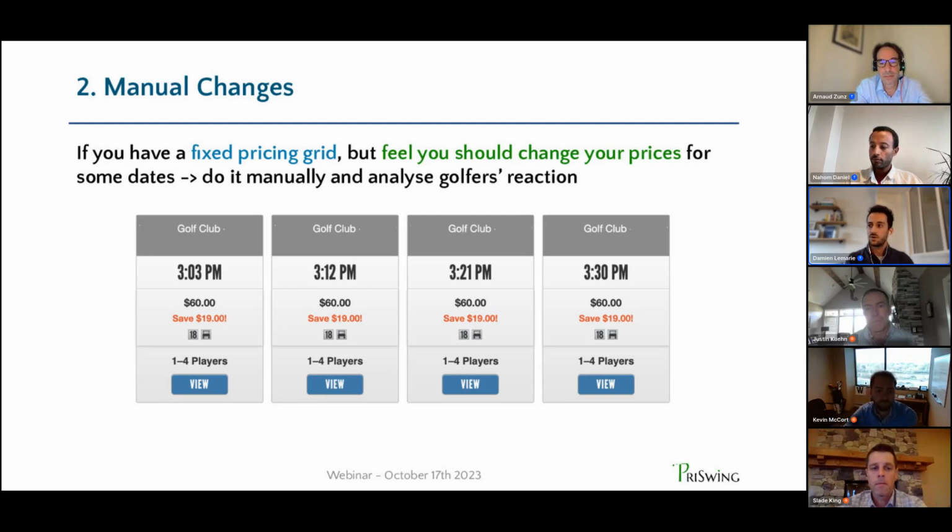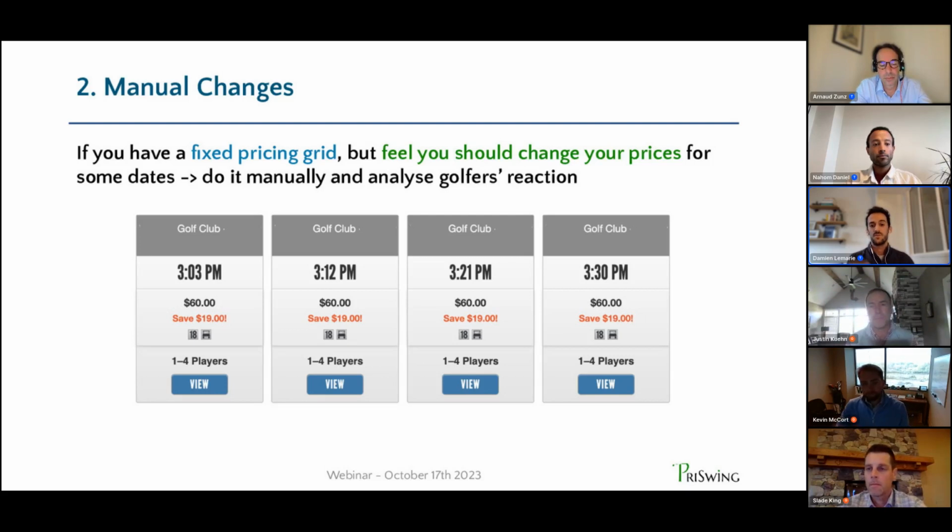Push a 30% or 50% promotion and check how many golfers you gain thanks to it. Or on the opposite, if you have a very busy week, try to increase your price a little bit and check if you have the same number of golfers at the end, so that you can charge more.